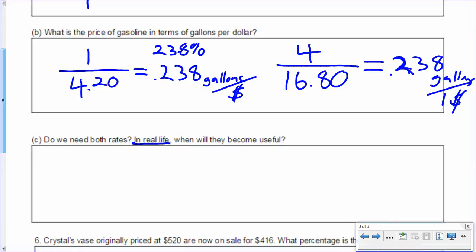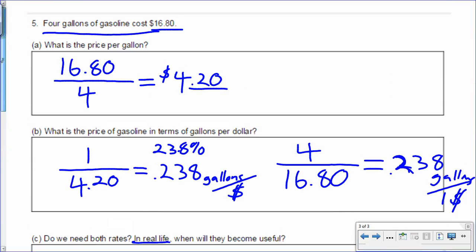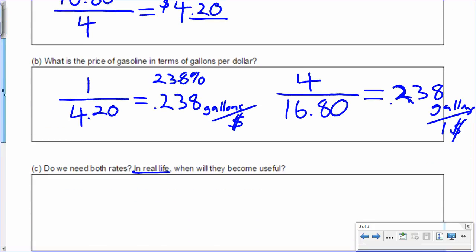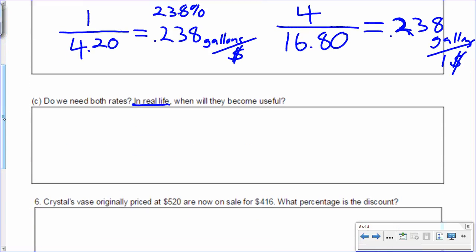Well, I can think of a scenario where you might want to know. If all you knew was that someone, or yourself, paid $16.80 for 4 gallons of gas at a certain gas station, and you're driving around looking for the cheapest gas. Well, they don't tell you the price for 4 gallons of gas on the sign at the gas station, right?